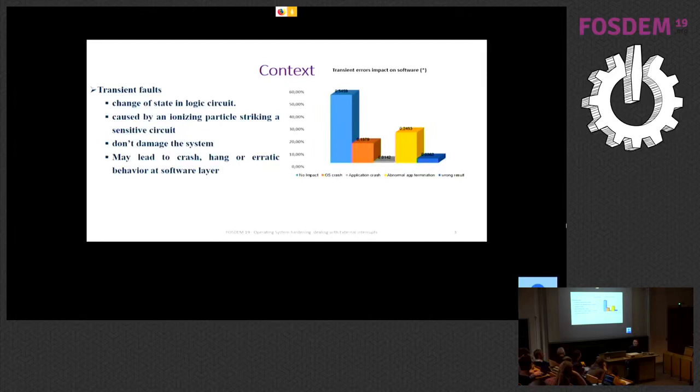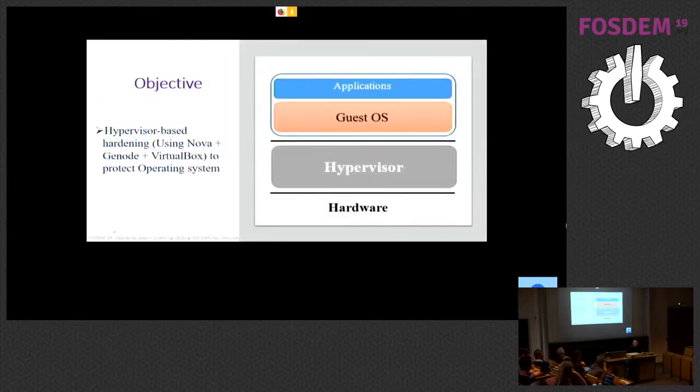This leads to this architecture where we have a hypervisor running directly on the hardware and allowing us to control the guest OS. The hypervisor we are using is a combination of Nova and the Genode software, with the use of a virtual bus to control the operating system execution in the guest machine.